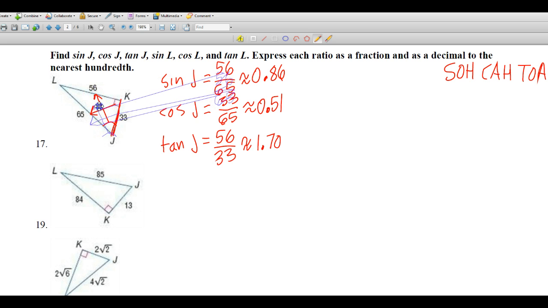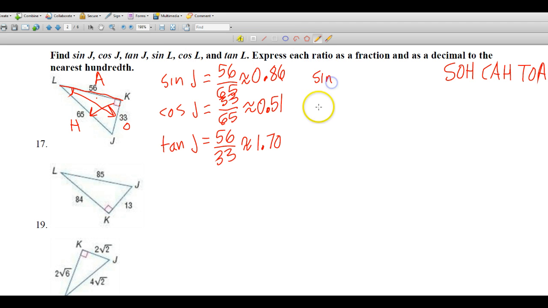Next, we want to find the sine, cosine, and tangent of our other acute angle, which is L. So now 33 is opposite, hypotenuse is still 65, and our adjacent leg is 56.